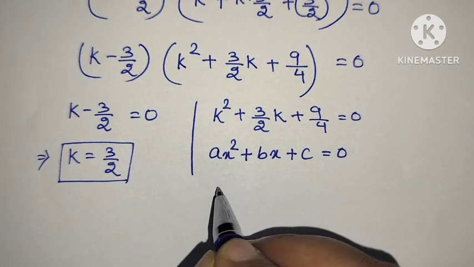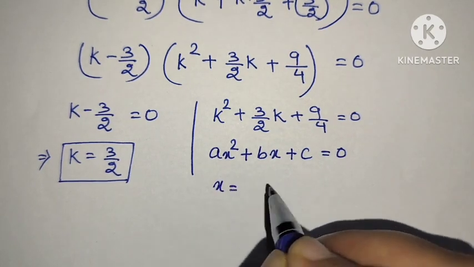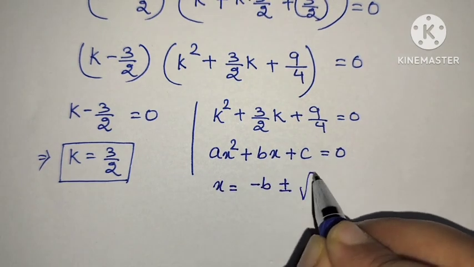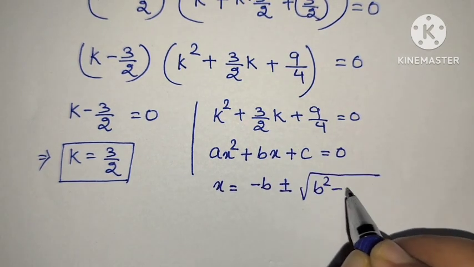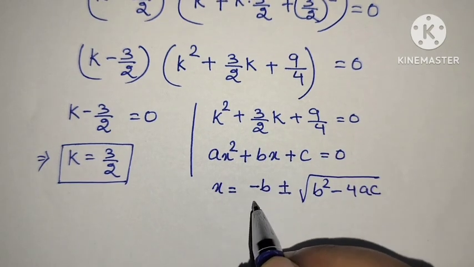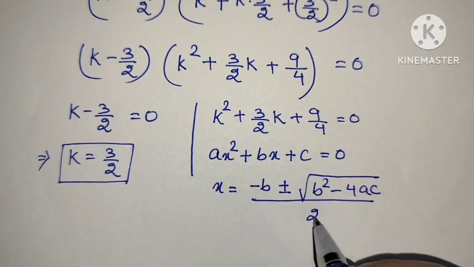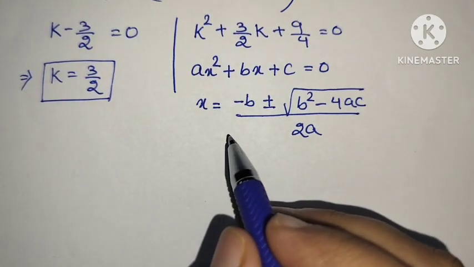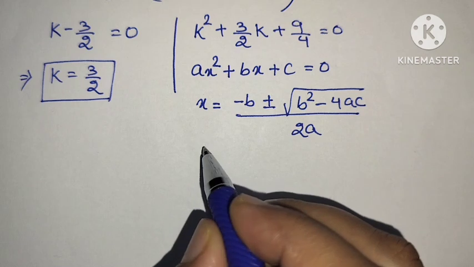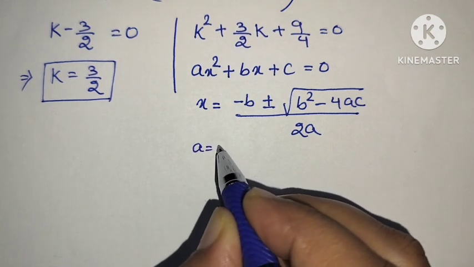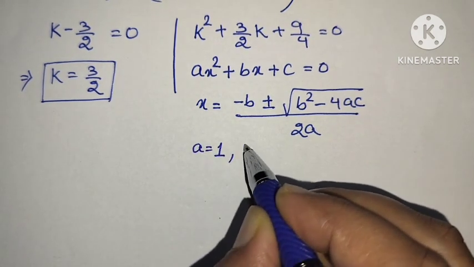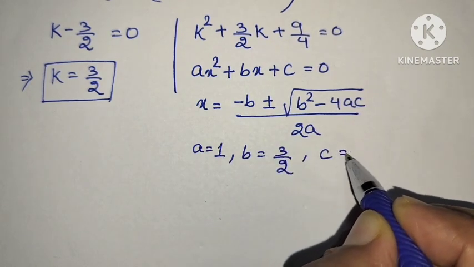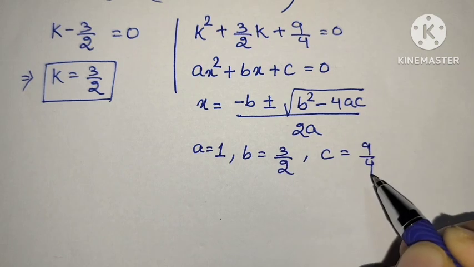In the discriminant, x is equal to minus b plus minus root over of b square minus 4ac, divided by 2a. Yes, we apply here: a is equal to 1, b is equal to 3 by 2 and c is equal to 9 by 4.